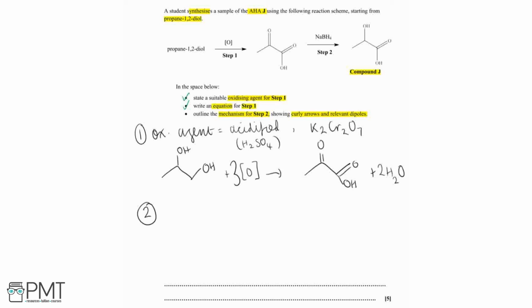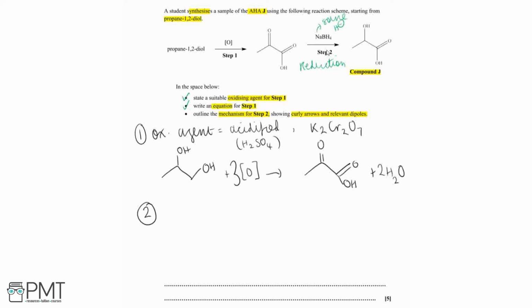So the first thing to note is that this is going to be a reduction reaction. And as we can see from the difference in our structures, we're going to be reducing this ketone back to a secondary alcohol overall. And this is the reagent which we use to reduce carbonyls, so to reduce aldehydes and ketones. And that's because it's a source of hydride ions.